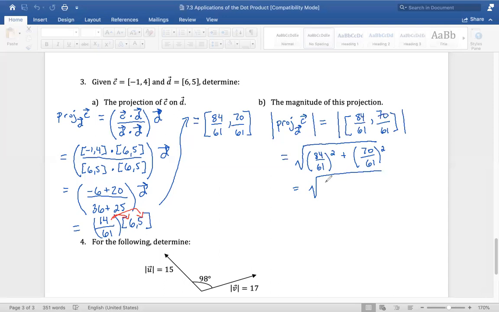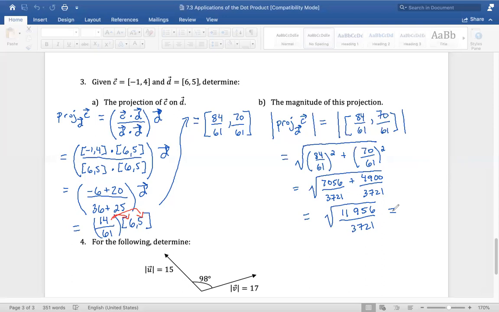So 84 squared, I have 7,056 over 61 squared is 3721. 70 squared is 4,900 over that same 61 squared, 3721. So then I keep the same denominator and just add across the top, right? So then I end up with the square root of 11,956 over that same denominator, 3721. And now I can turn that into a decimal value.